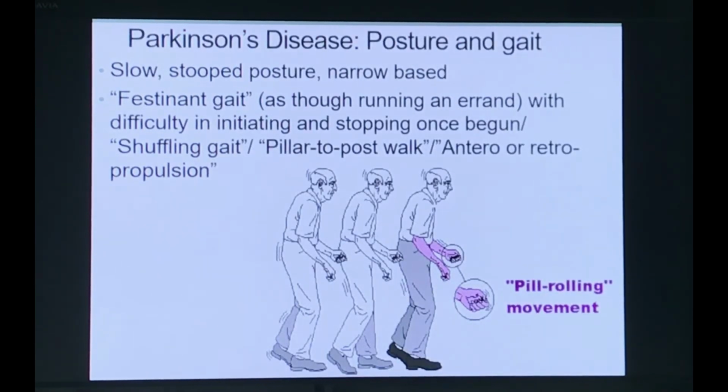Slow, stooped posture, narrow based, festinant gait as though running in an erratic way with difficulty initiating or stopping once begun, shuffling gait, and the pill rolling movement. The rigidity will be accompanied with the tremors, and these tremors are usually absent during sleep.